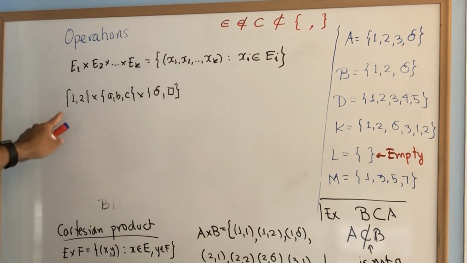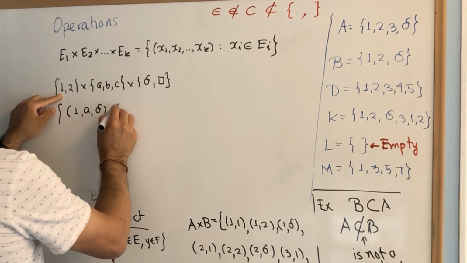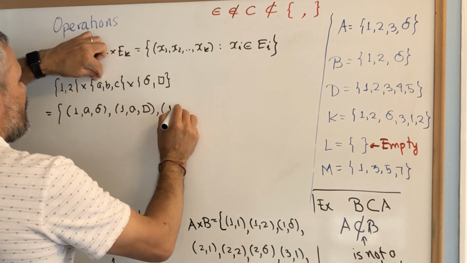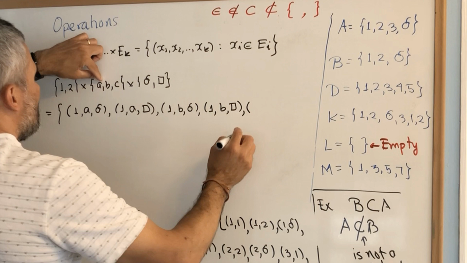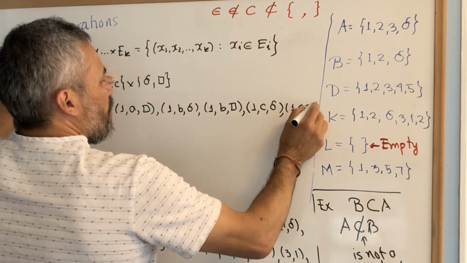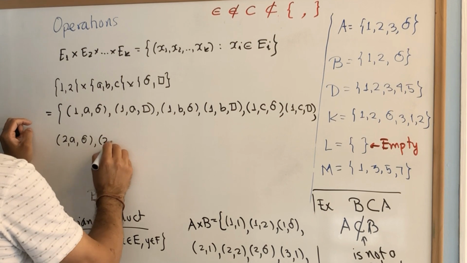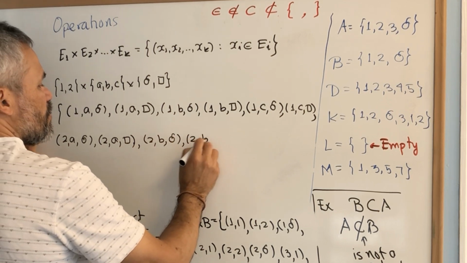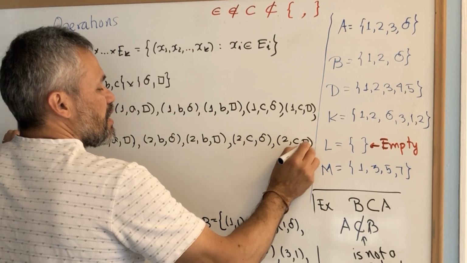What would be the Cartesian product of these three sets? 1 A apple, 1 A square, 1 B apple, 1 B square, 1 C apple, 1 C square, and then 2 A apple, 2 A square, 2 B apple, 2 B square, 2 C apple, 2 C square.